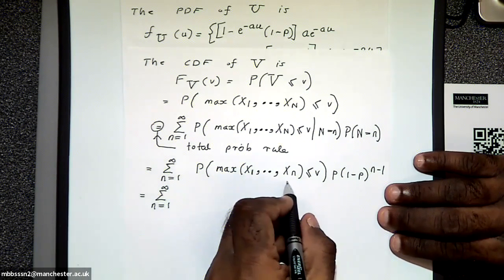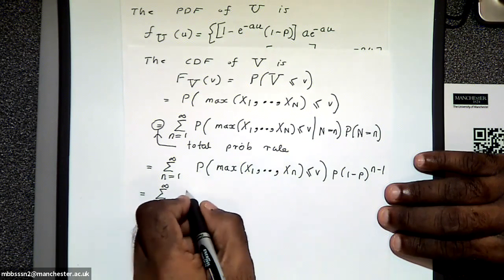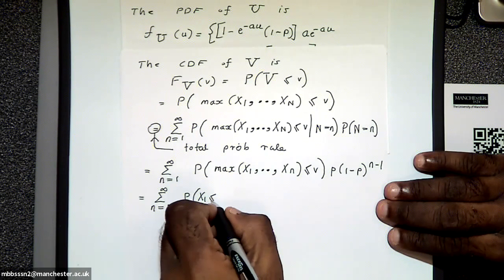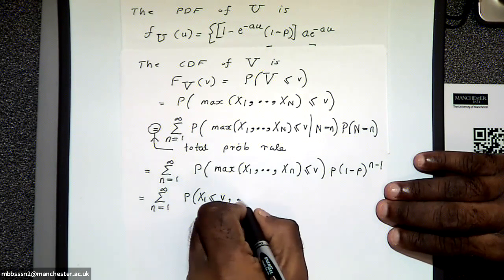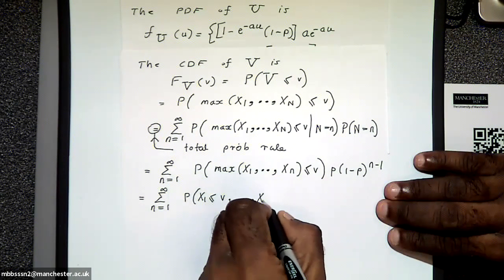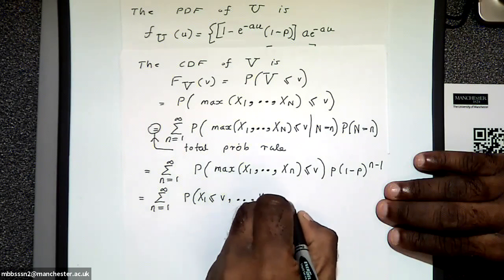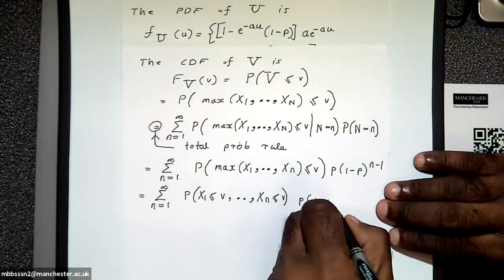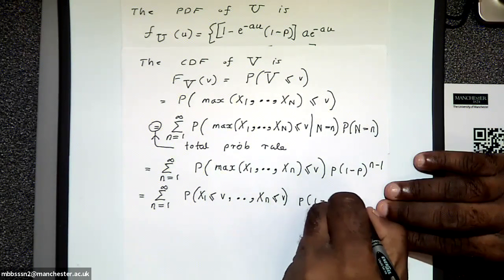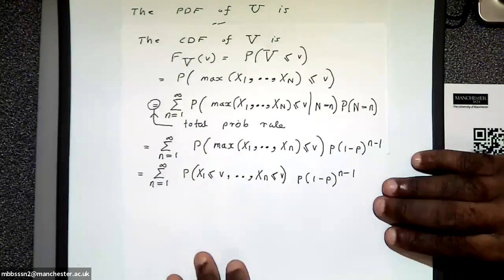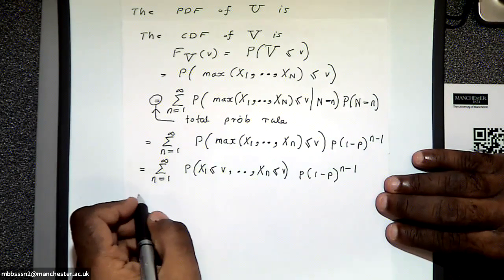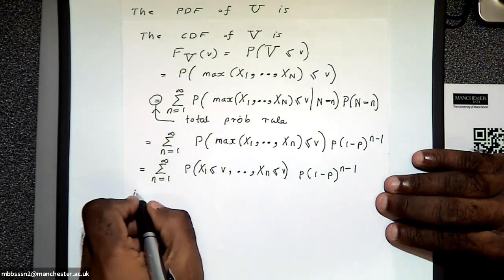Now, if the maximum is less than or equal to V, then this is it. Now, in the next step, I'm going to use independence.